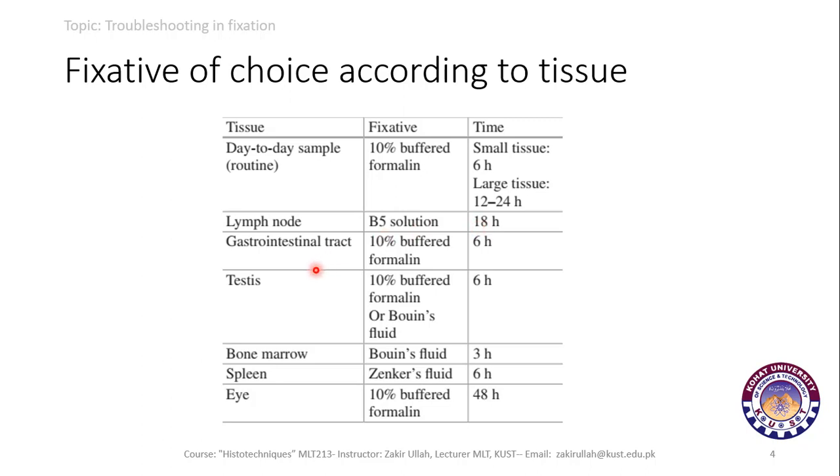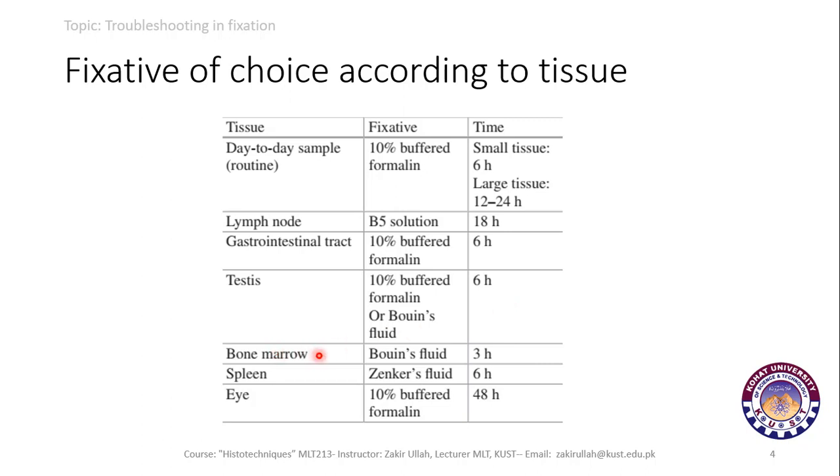For any other type of tissue or organ, 10% buffered formalin is used and the fixation time is 6 hours. If testis is processed in the histopathology lab, 10% buffered formalin or Bouin's fluid is used, and 6 hours is the time of fixation for that process.